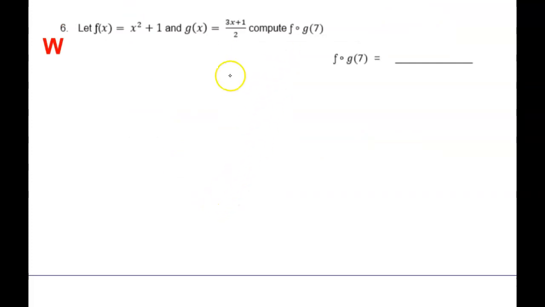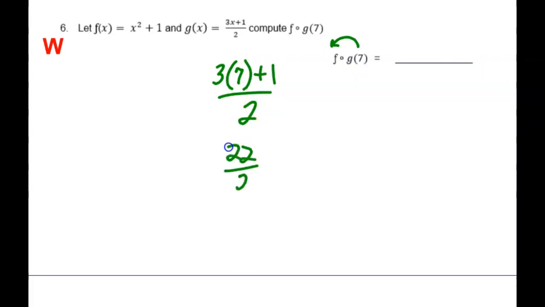It's been a while, guys. Does anybody remember how this works? You work your way backwards. So we put a 7 into G first. There's no need to write anything funky. Just evaluate it. Put a 7 into G and we get out 22 over 2 is 11. Did I do that right?